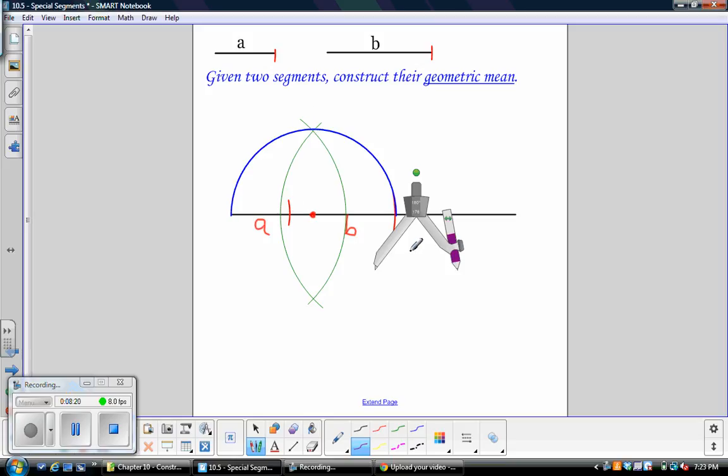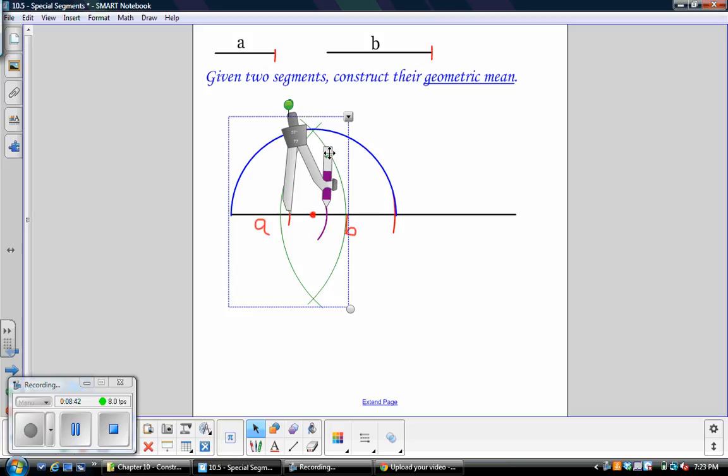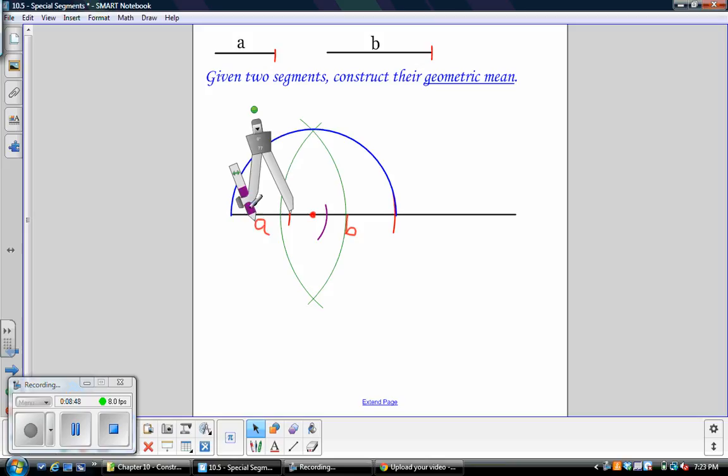So I need to construct the perpendicular at a point on a line. So I take my compass. I'm going to make this setting a little bit smaller. I'm going to mark there. And then I'm going to flip it around, and mark that same setting there.